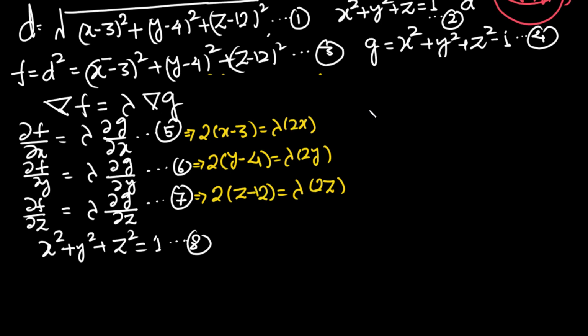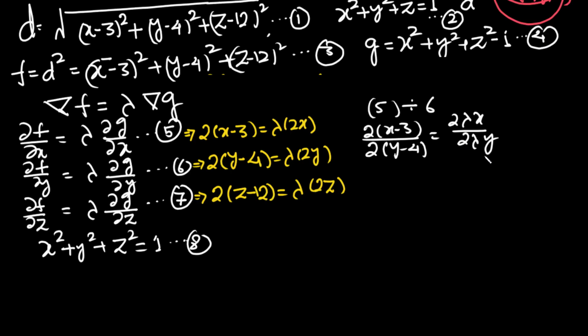Now we are dividing equation number 5 by equation number 6. So we have 2 over 2 multiplied by x minus 3 over 2 y minus 4 is equal to, left hand side by left hand side, right hand side by right hand side. On the left hand side, we factor out 2, and 2 cancels out, 2 lambda and 2 lambda cancels out.